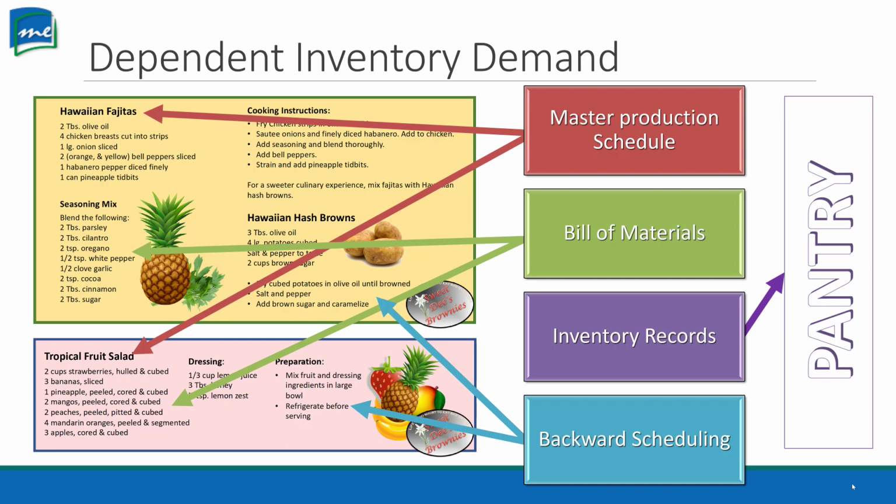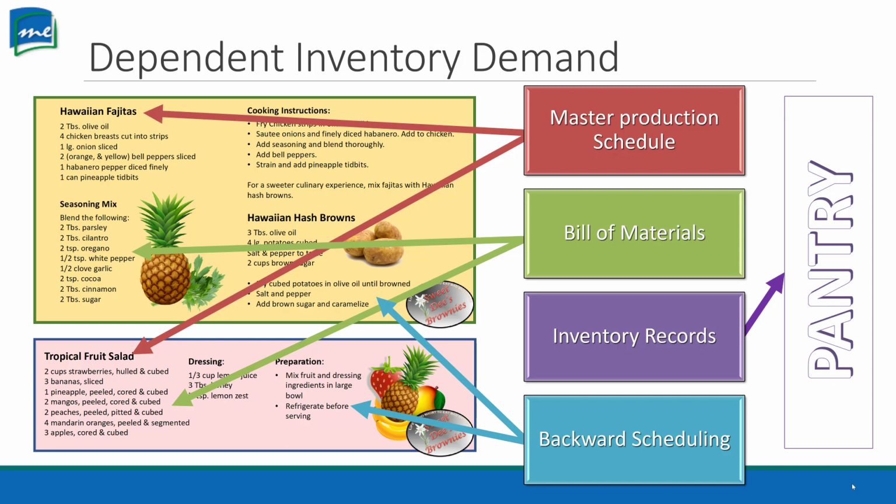However, it gets more detailed. Now we need what's called a bill of materials. Sometimes you'll see this abbreviated as BOM. And of course, people try to convert that into a word because people don't want to say B-O-M, so sometimes you'll hear it said as a bomb. That's all the ingredients of this recipe.